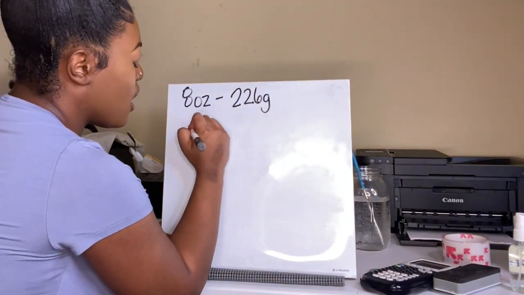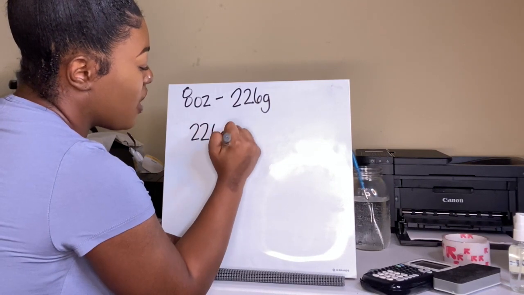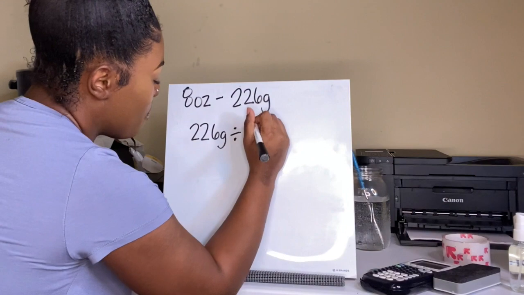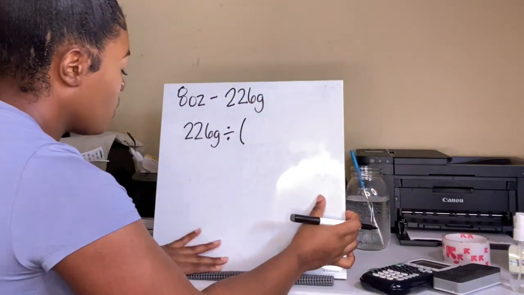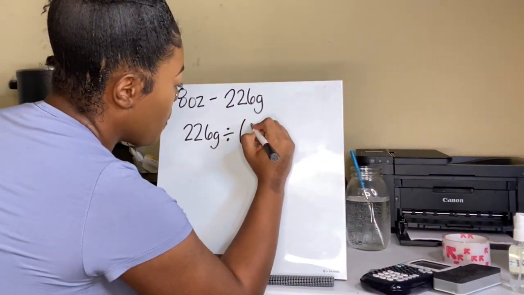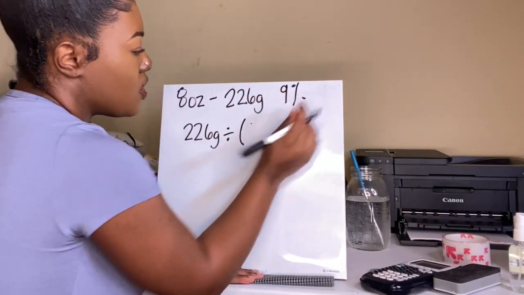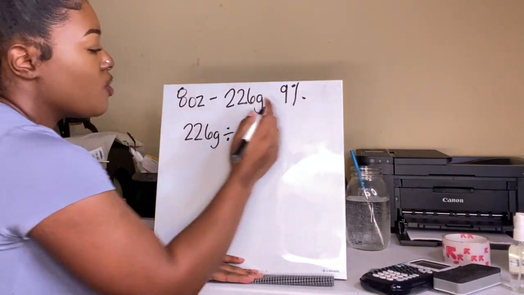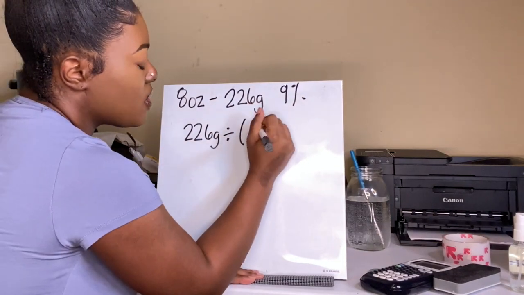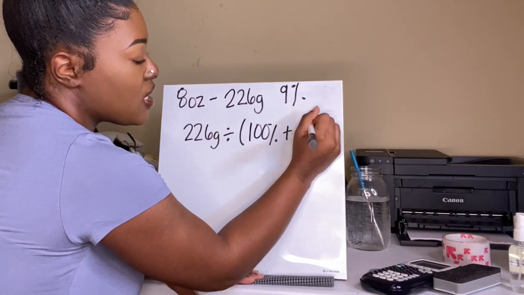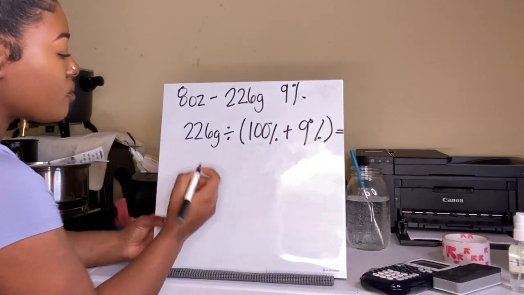So here we go. You're gonna take 226 grams because that is our net weight, and then we're gonna divide it. And then, I'm sorry, y'all, we're gonna use a 9% load of fragrance oil. So 226 grams divided by the 100% plus our 9% of fragrance oil.